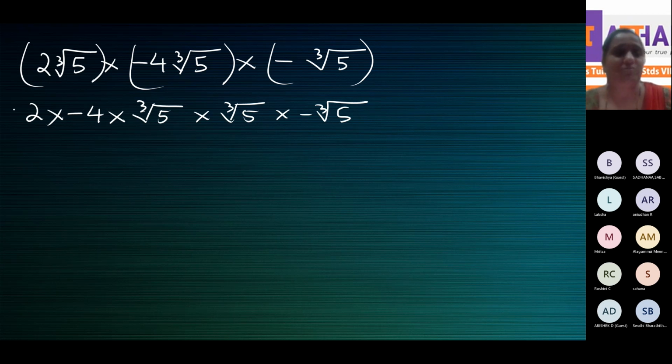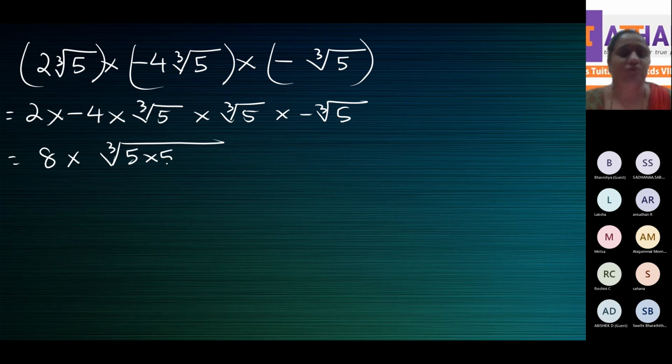Now minus into minus is plus. So 2 4s are 8. 8 into cube root of 5 into 5 into 5.